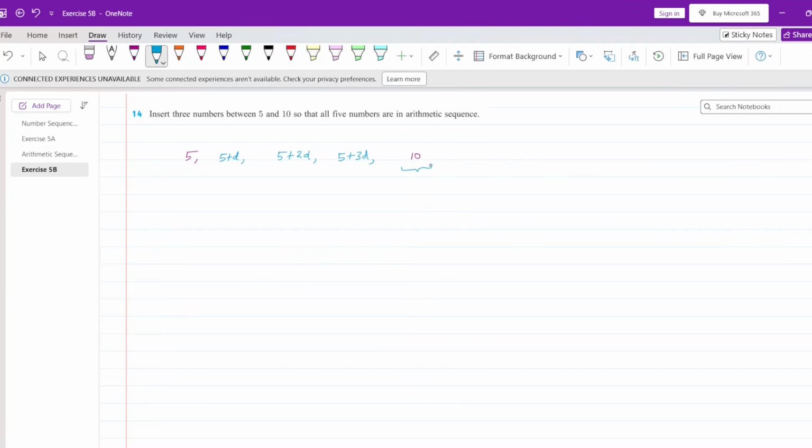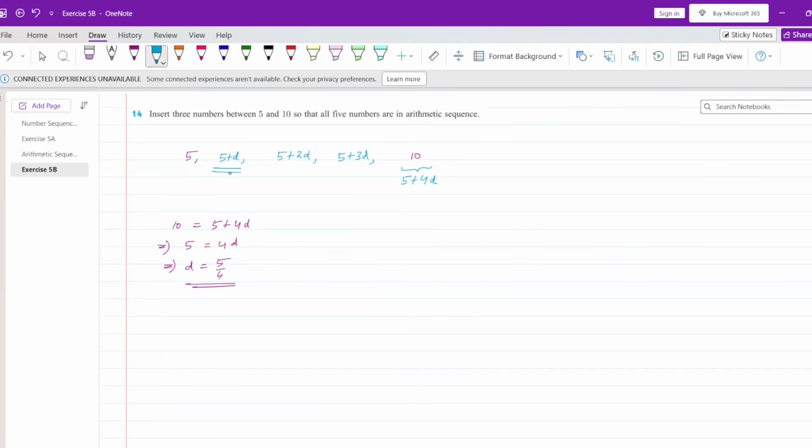We can simply say this 10 is going to be equal to 5 plus 4d. So 10 equals 5 plus 4d, 5 equals 4d and d equals 5 by 4. Now we know the value of d, so we can find out the values of these three terms.